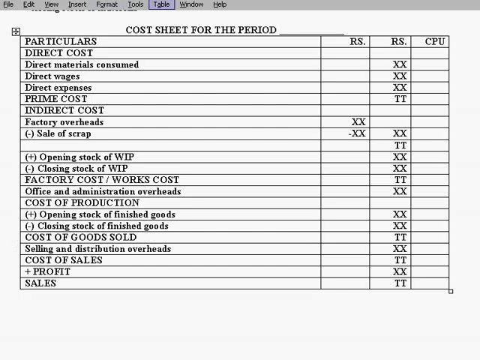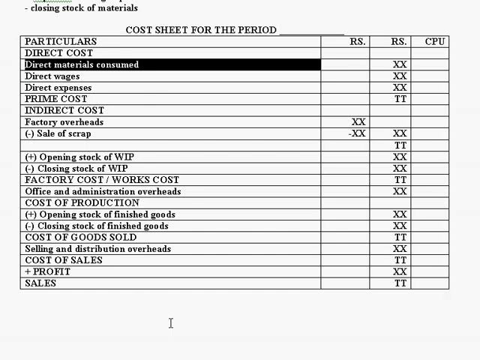Are these things clear? Yes or no? Very, very clear. What else? So one thing was left out to be told about direct materials.